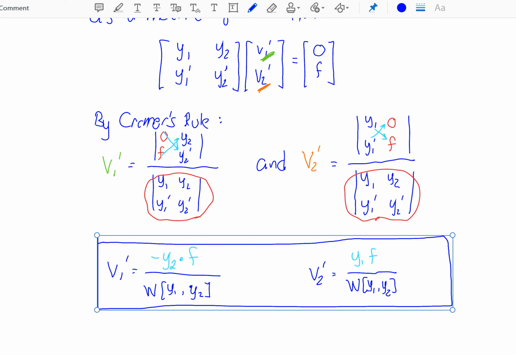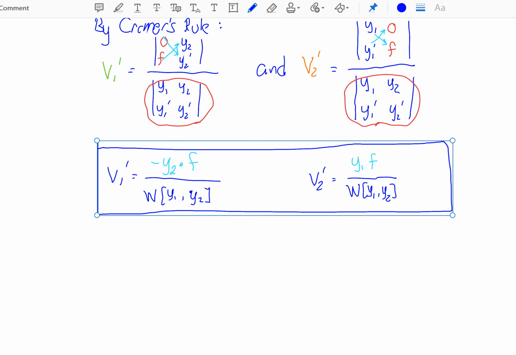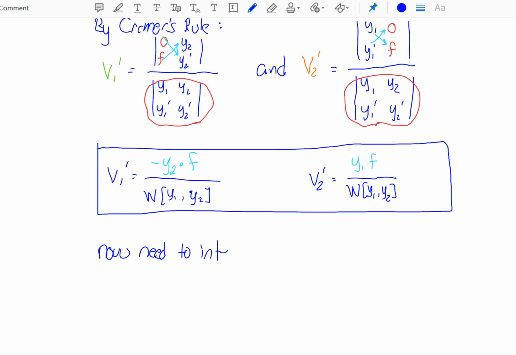However, in our solution, you now need to integrate to find v1 and v2.